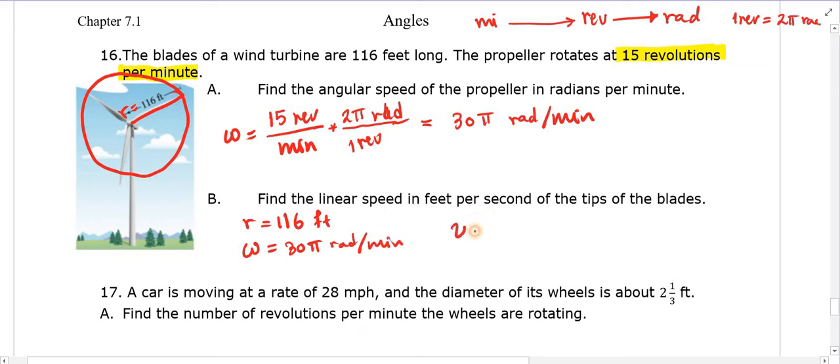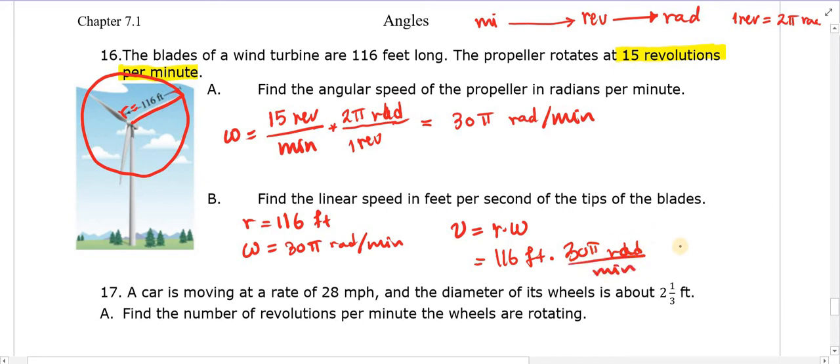So we know that the linear speed or the linear velocity is equal to R times omega, which is equal to 116 feet times 30 pi radians per minute.